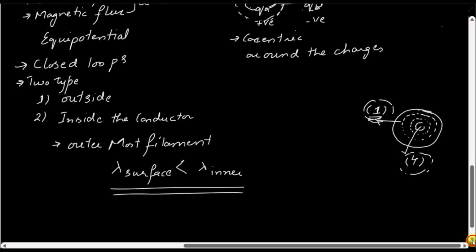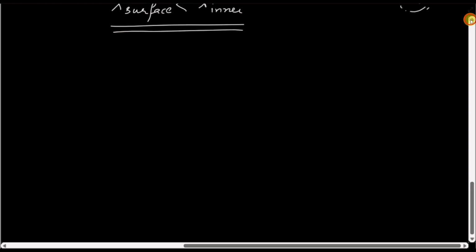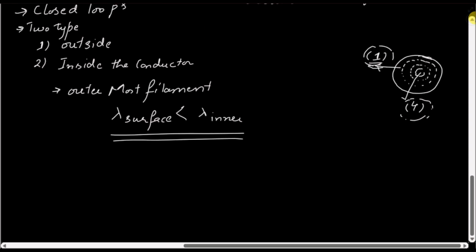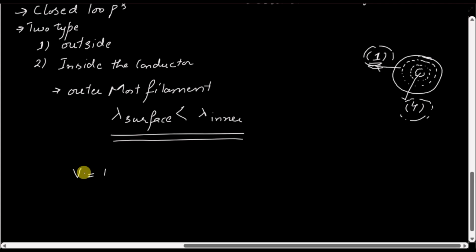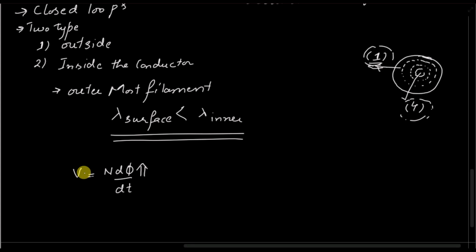As we know, changes in flux will induce voltage. The induced voltage is equal to N d phi by dt. There is a changing current, an alternating current, that produces a changing flux, which will induce the voltage.